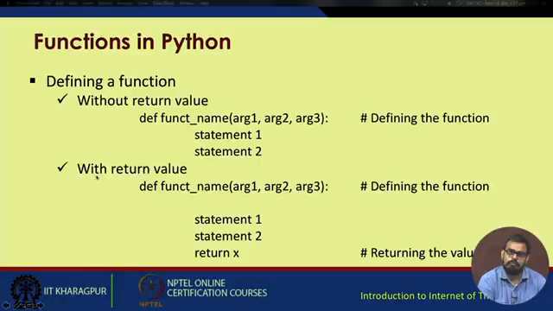Another type is with a return value. So as you can see, these things are the same. In the end, there is a return statement. So maybe statement 2 is x equal to some operation, and eventually it returns the value of x. So the point where this function has been called in the main code will have x returned to it, right?